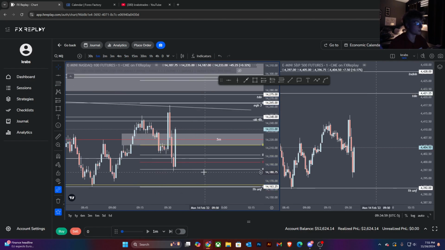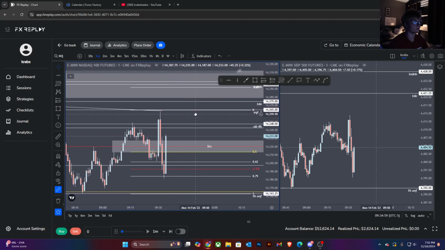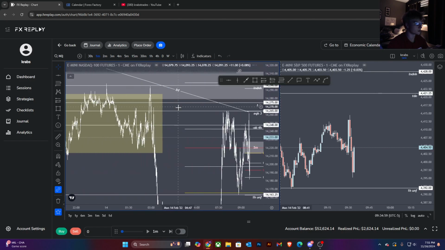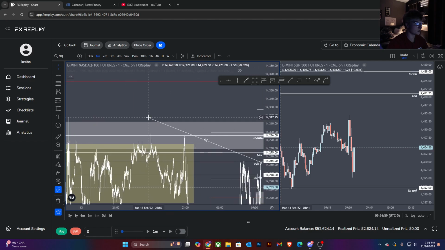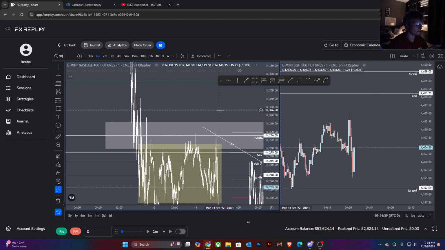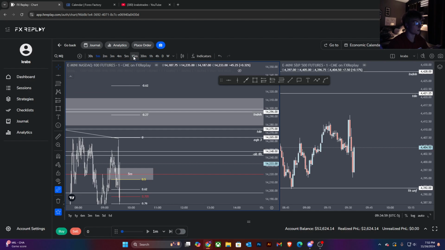Rejection of OTE. This is early, but this does look kind of free to the equal highs as well as all this LRL, stacked highs here, as well as London high.